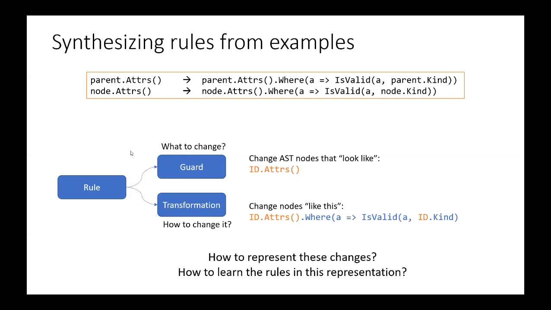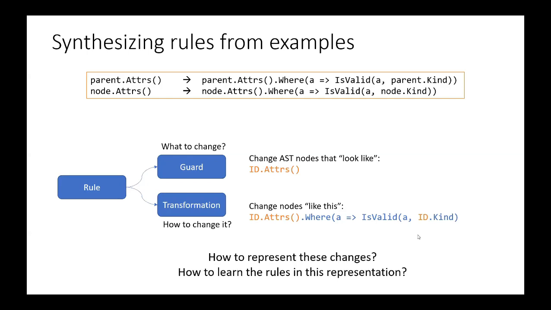For this particular change, which we're using as an example, the guard says you need to change AST nodes that look like something followed by attributes. And what you do is you change those nodes by adding this where clause. But there is this particular thing in the where clause which you are actually copying from one of the source nodes.